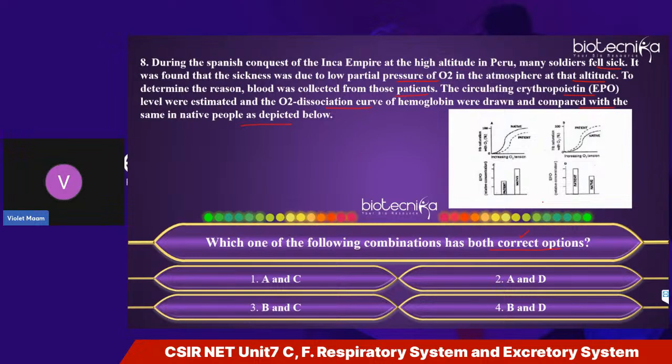There are statement based questions, so similar to that, but here they have given a graph. What happens with the native people and the patient? Patient means the people who are getting sick when they go to high altitude.